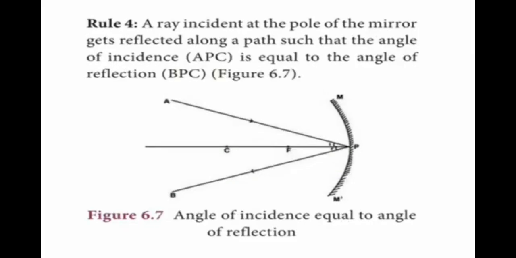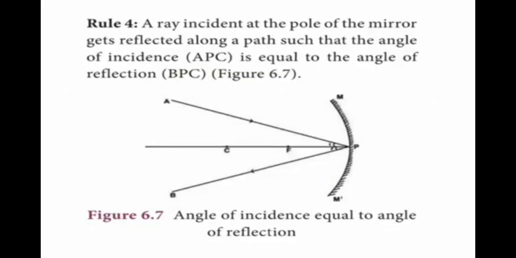Rule 4. A ray incident at the pole of the mirror gets reflected along a path such that the angle of incidence APC is equal to the angle of reflection BPC.